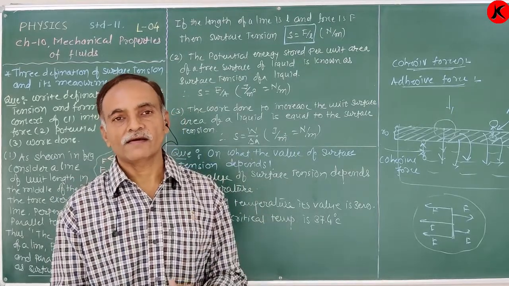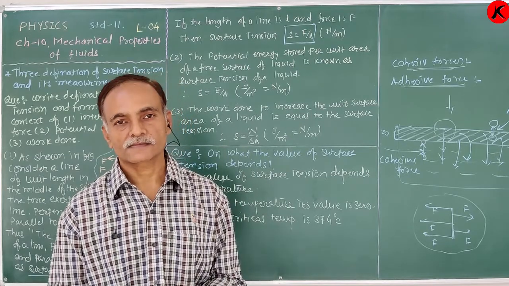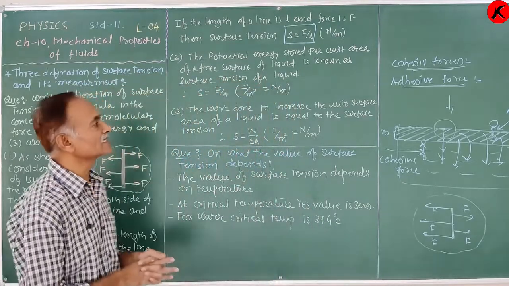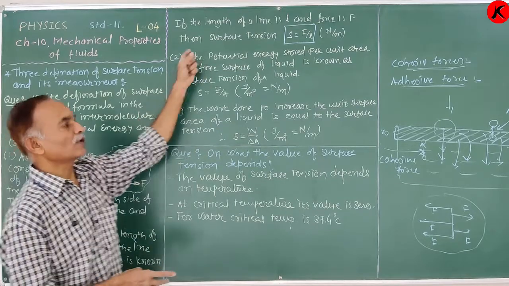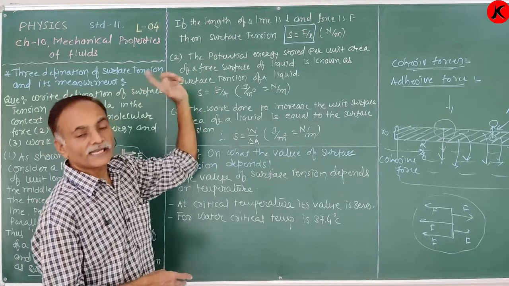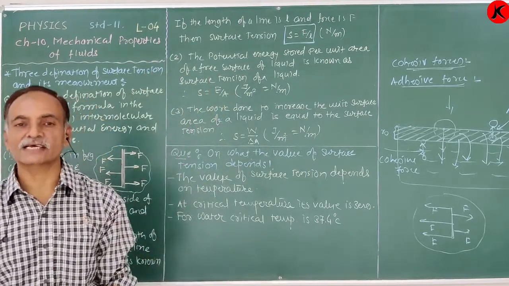Therefore, work is done against the internal force. This work done is stored as the potential energy of the liquid on the surface. Therefore, the potential energy stored per unit area of a free surface is known as the surface tension of a liquid.